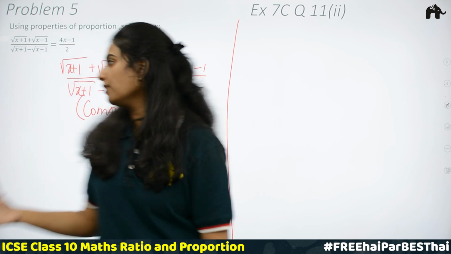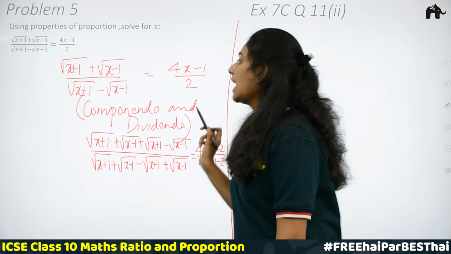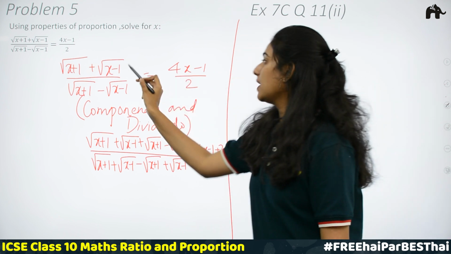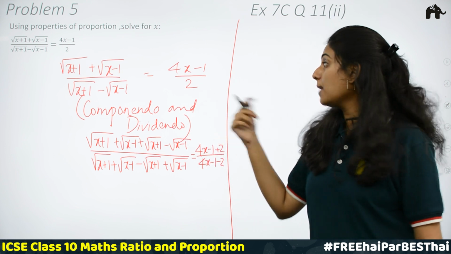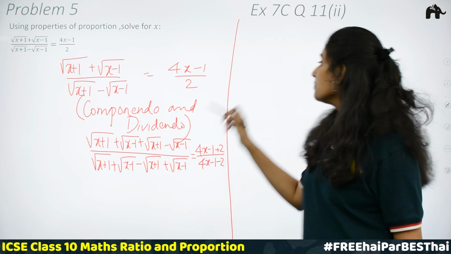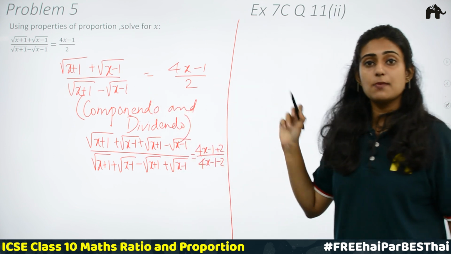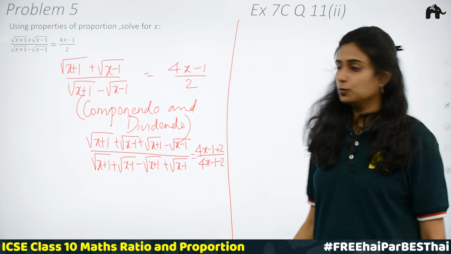Here in the place of a we had root of x plus 1 plus root of x minus 1. In place of b it was root of x plus 1 minus root of x minus 1. C is 4x minus 1 and d is 2.